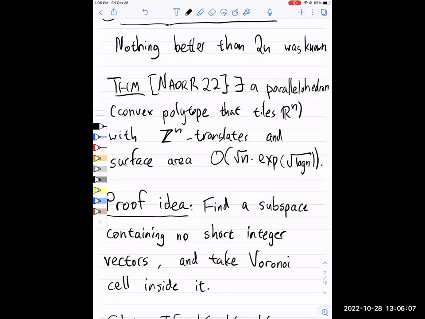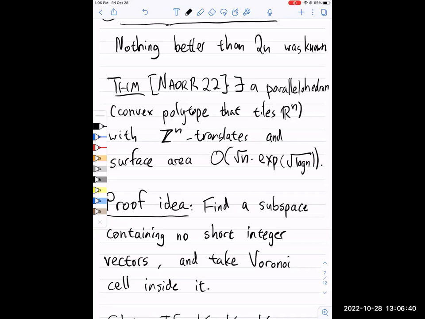There are other parametric replacements for surface area where this question isn't studied, like mean width. So you want a convex set that tiles space and has the smallest possible mean width. Maybe that's relevant also to computer science.